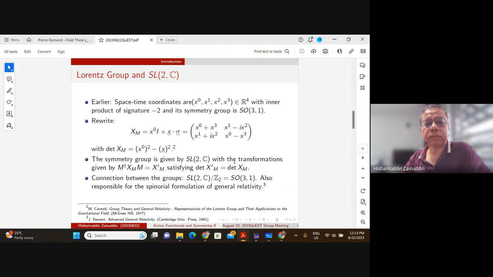Your SL(2,C) will be the double covering of your SO(3,1). And SL(2,C) preserves this metric, which means your determinant dash will be equal. That gives you the physical contact with the four-dimensional interval invariance.